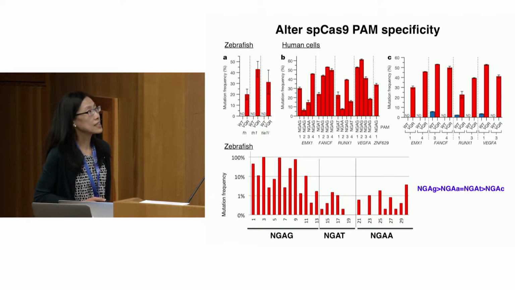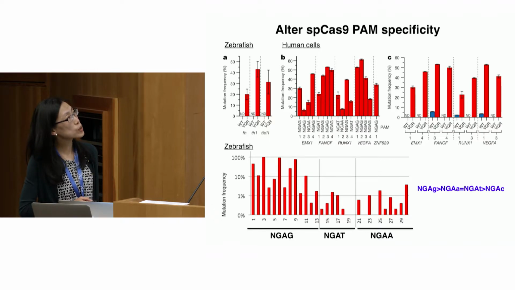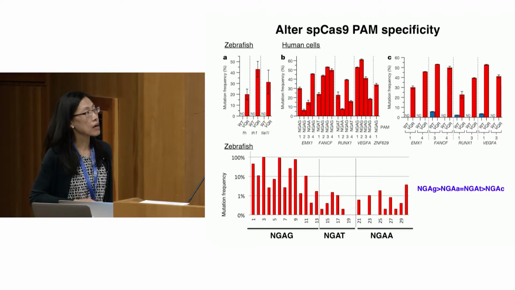So we found that in fish also, the VQR Cas9 variants can induce mutations in the NGA target sites, as has been found in human cells as well as in bacteria.